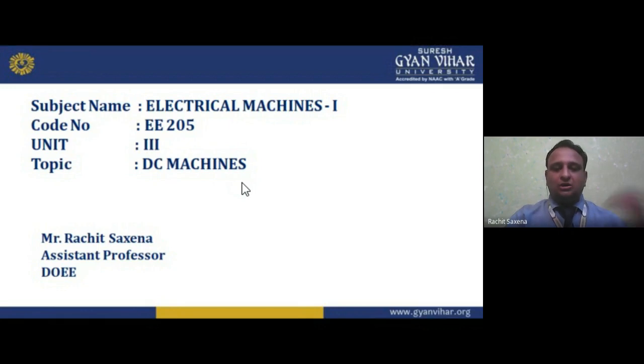In my previous lecture, I told you about the basics, the fundamentals of electrical machines. Faraday's law of electromagnetic induction is used for generator action, and electromagnetic interaction is used for the motor. Fleming's right hand rule is for the generator, and Fleming's left hand rule is for the motor.